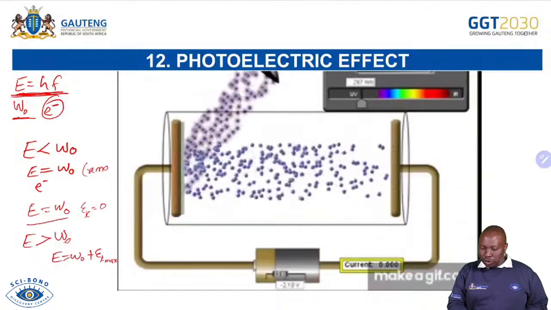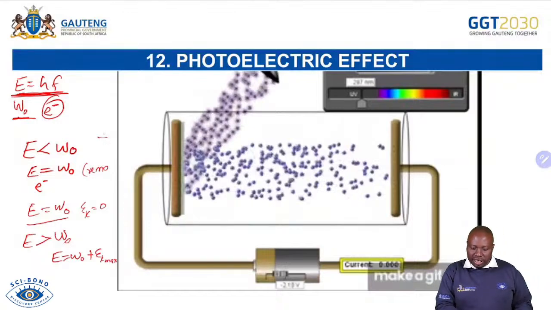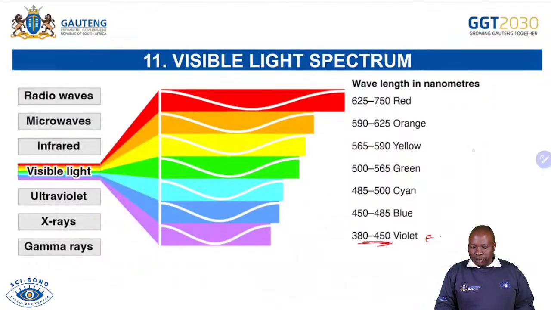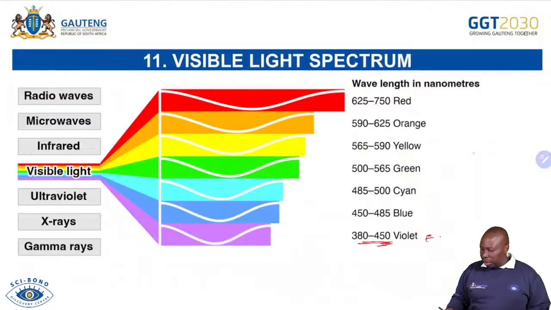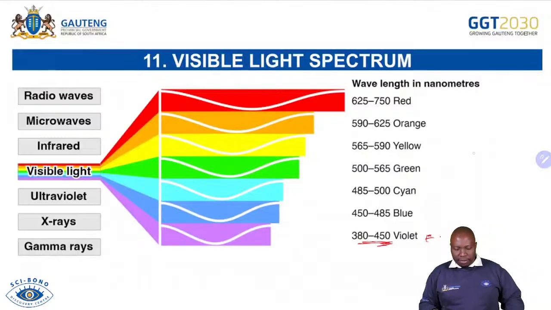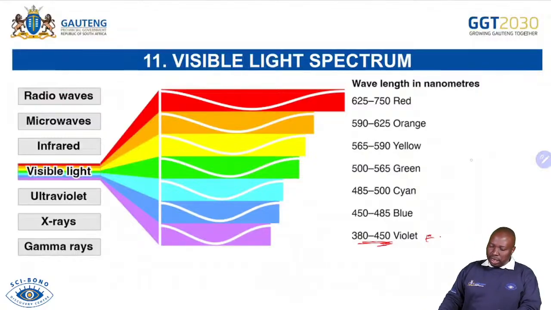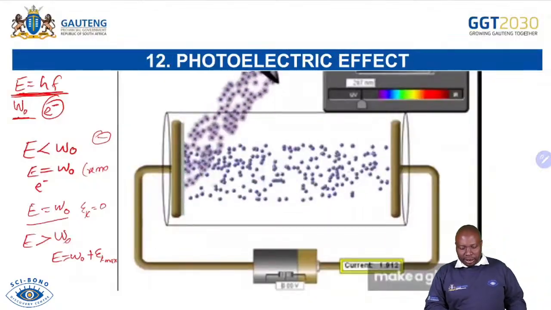We have our cathode, which is negatively charged, and our anode on the other side, which is positive. Now if I go back to it, you are able to see the experiment being done there.